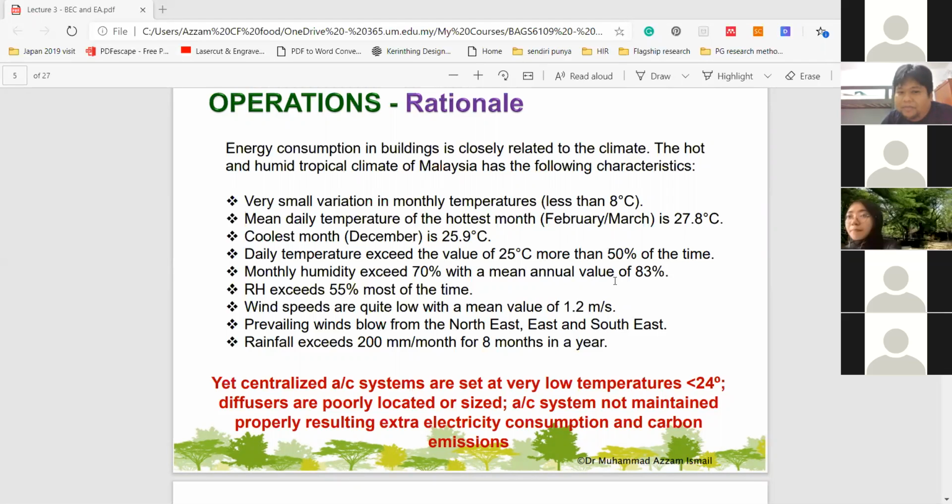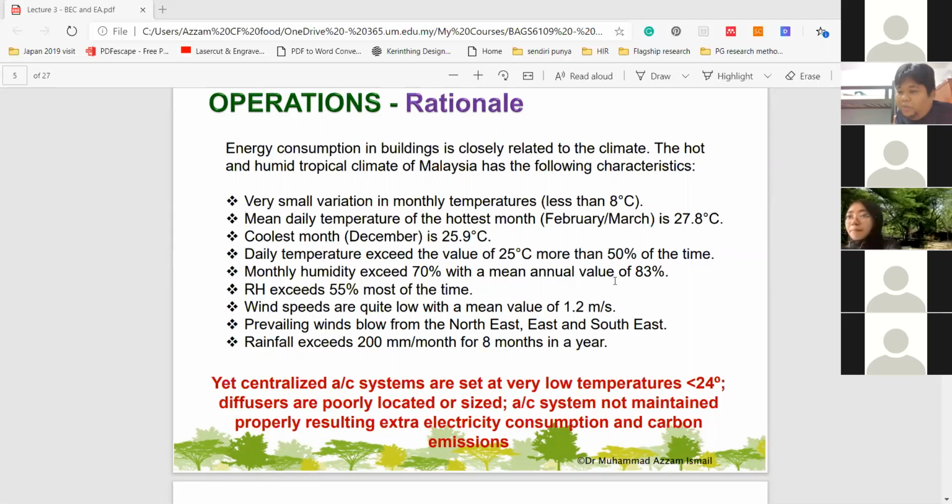And then the monthly temperature variation is quite small as well. So we know that the temperature will be hovering between 32 and 36 degrees, or slightly thereabouts. And the variations every single day for one whole month is about 8 degrees only, so very small.